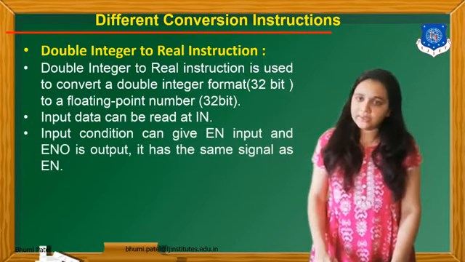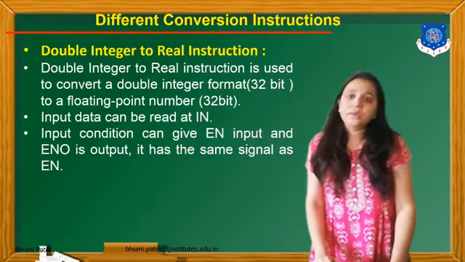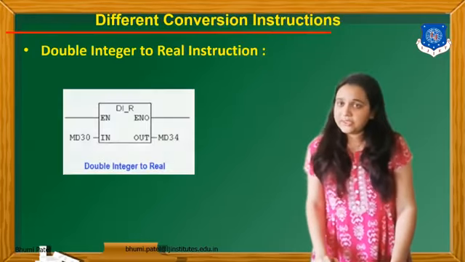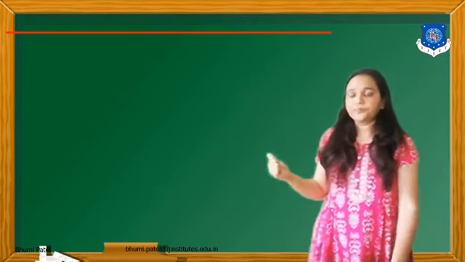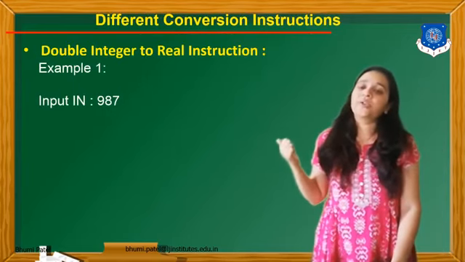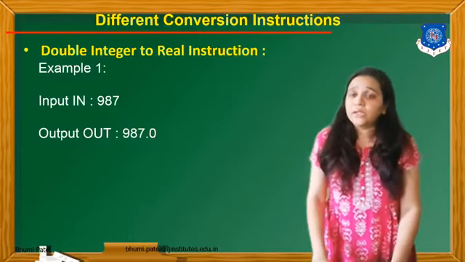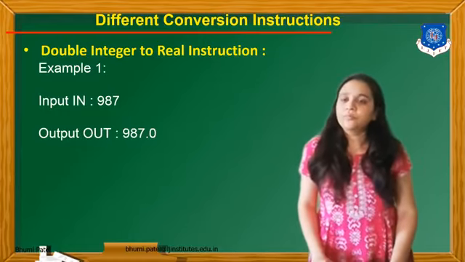The input condition gives the enable input, and ENO is my output, and it has the same sign as the EN. So this is the block of the double integer to real, and this is the example. Input is given as 987. We get the output as a real number, 987.0.